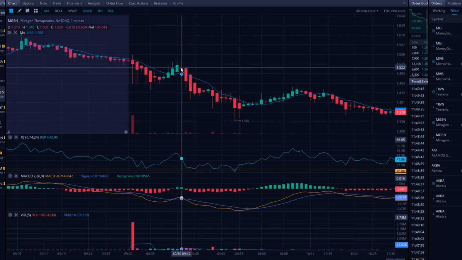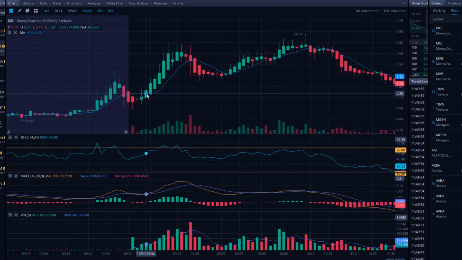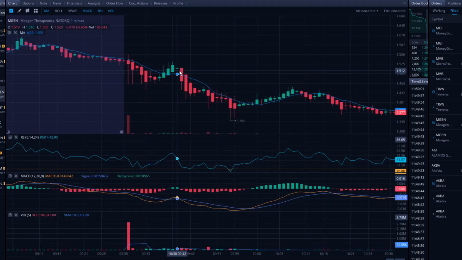And as soon as it filled, we got stopped out. It was very upsetting. But once again, I want to explain to you guys, this is the strategy I'm using, and I can't be upset when I do get stopped out, because had we been following our strategy and had we gotten in, we would have made a good chunk of change on Moneygram, and we would have lost the minimum on MGEN, or Miragen. And so that's okay.